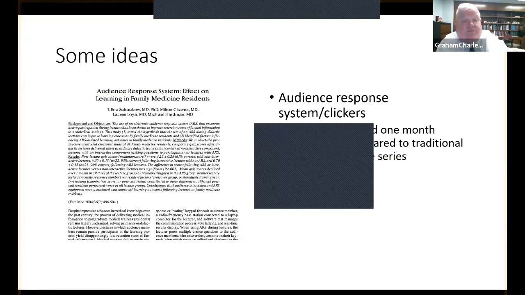And it's simply the use of an audience response system or clickers. So in a traditional lecture kind of setting, having questions throughout the lecture and having the audience respond. So it's a way to engage the learners in the learning.